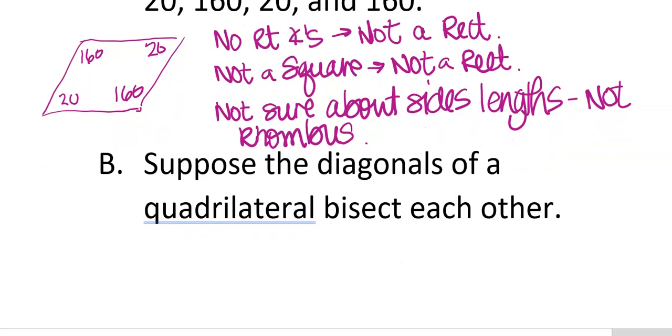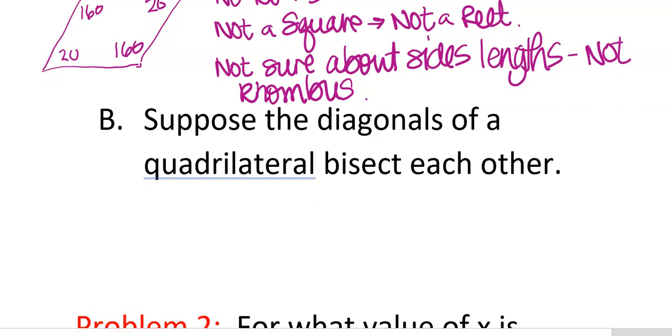Okay, suppose the diagonals bisect each other. Okay, so that's all they're giving us. So we're going to say diagonals bisect each other. Okay, would it be a rectangle, square, or rhombus then? Or could we specify which one it is? If you go way back to the parallelogram theorems, it says the diagonals bisect each other in a parallelogram.